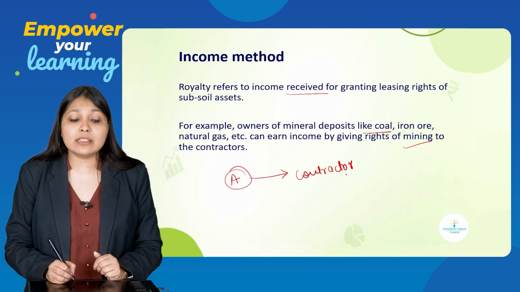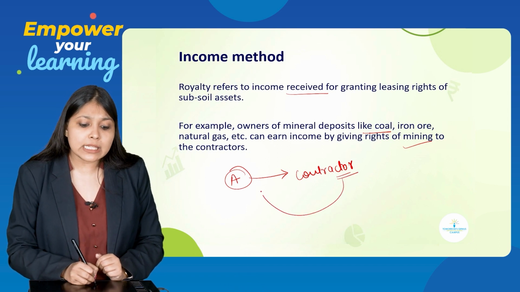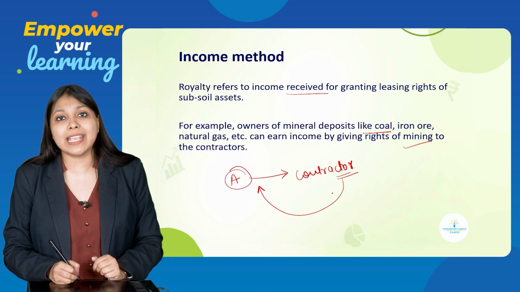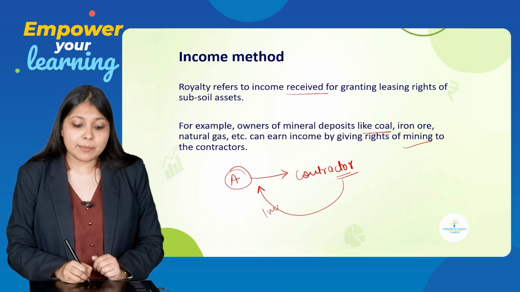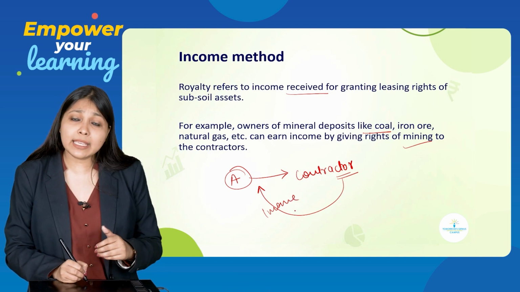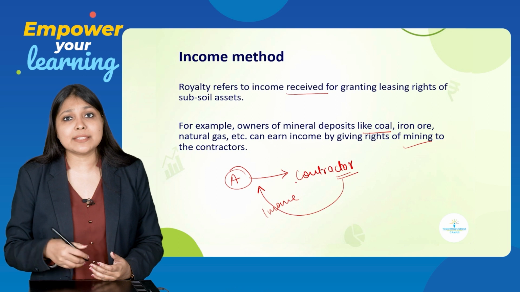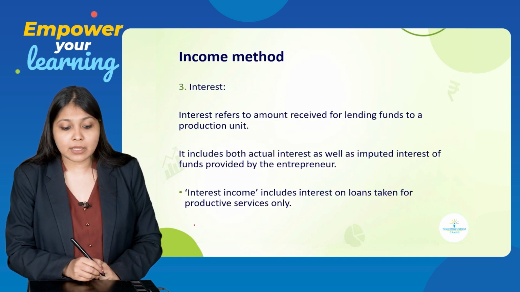So whatever income is earned by the contractor, he will have to share a certain amount of that income with A. Whatever A gets will be called royalty. Again, imputed royalty as well as actual royalty are included.